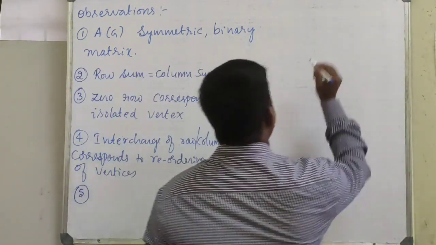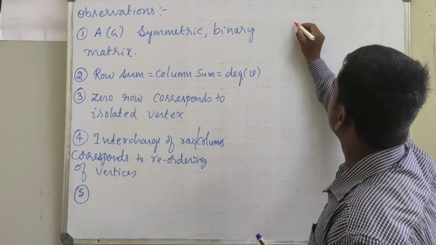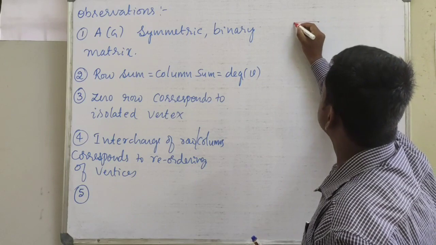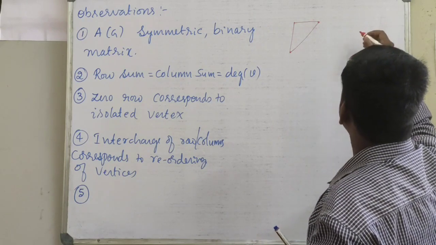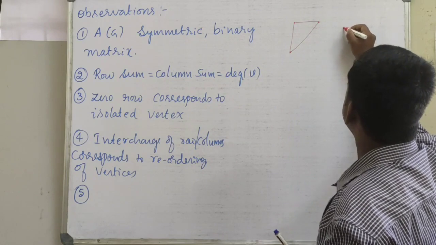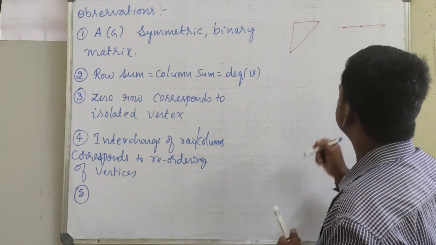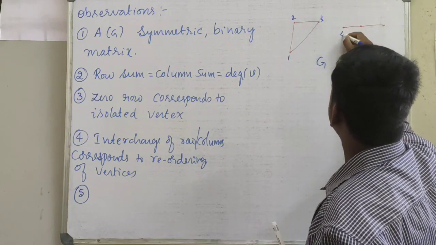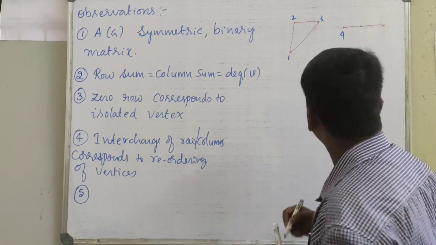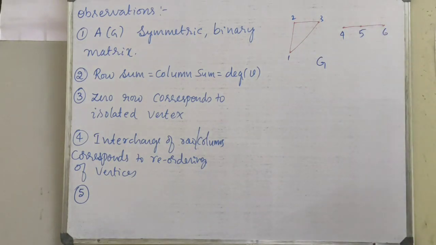Say this is one component and another component B. So this is the graph G. 1, 2, 3, 4. Again I got 5, 6. Again a 6 cross 6 matrix.